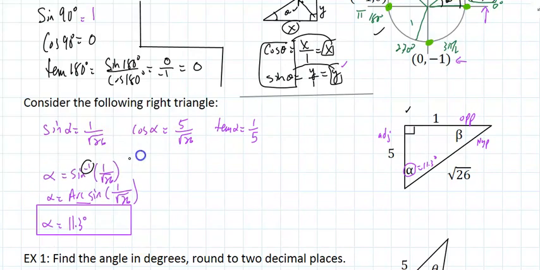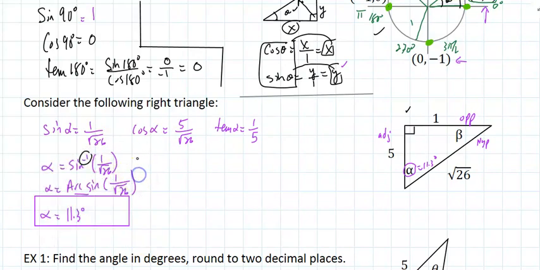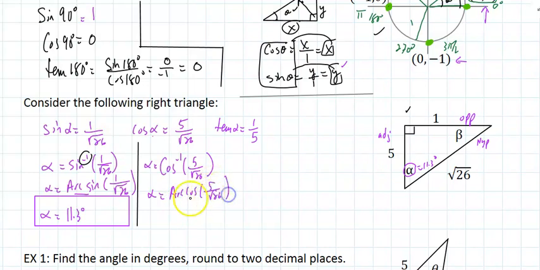What if you decided you don't want to use the sine, you want to use the cosine? Well, if the cosine of alpha equals 5 over the square root of 26, that means alpha equals either cosine inverse or arc cosine. And those two are saying the same thing.